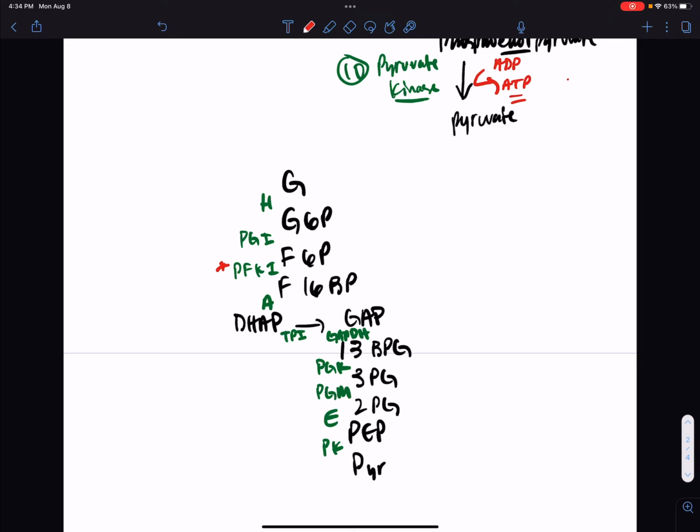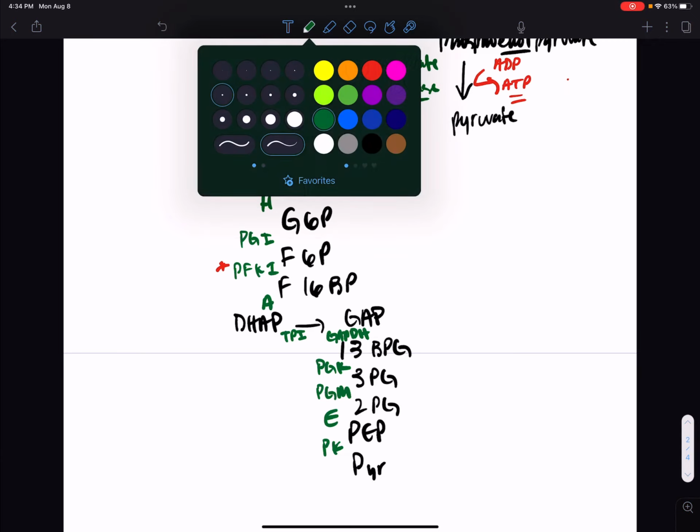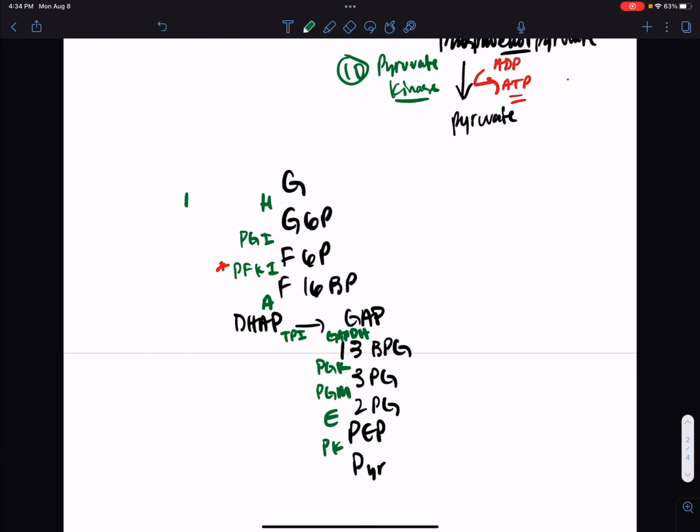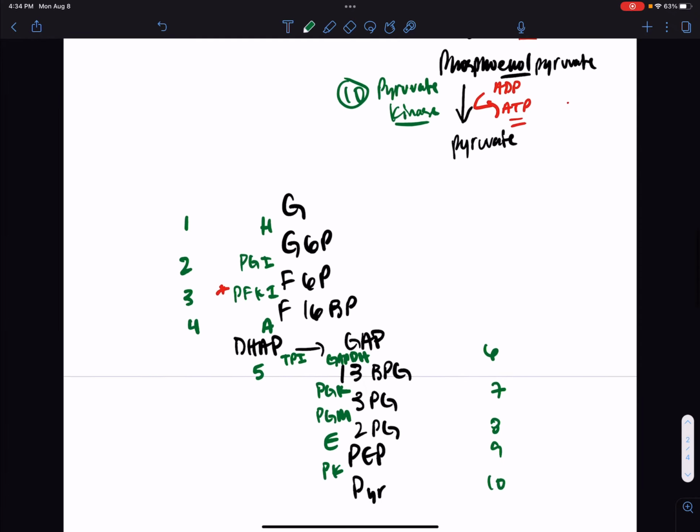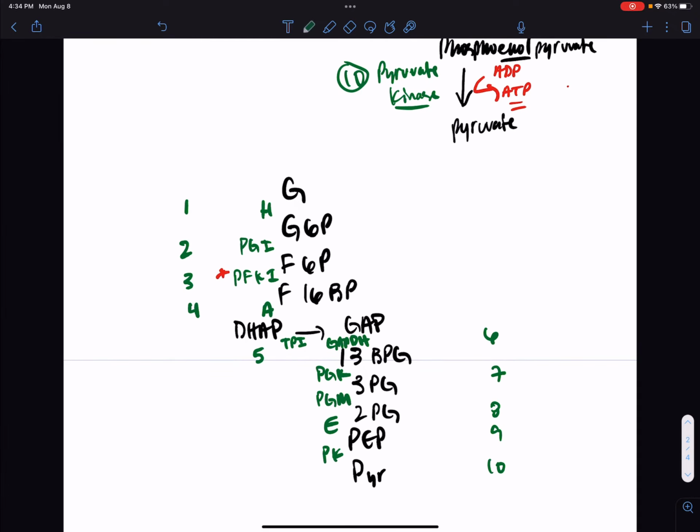So hexokinase, there's kinase there at this first step, right? So step 1, 2, 3, 4, 5, and then 6, 7, 8, 9, and 10. So at step 1 here, we're using that hexokinase, and it's a kinase, which means something's getting phosphorylated, right?